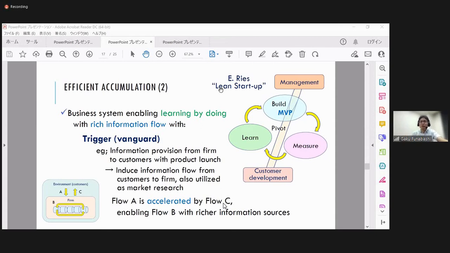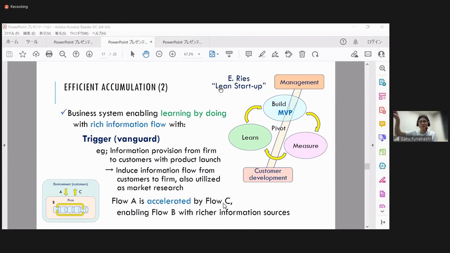How do you know your product services are well accepted by the market? The easiest way is to ask the consumers if they like your product or not. If they don't like your product, ask them why they don't like your product. Then, using that information from customer, improve the product and make another improved one and ask the customers again if they like or not.